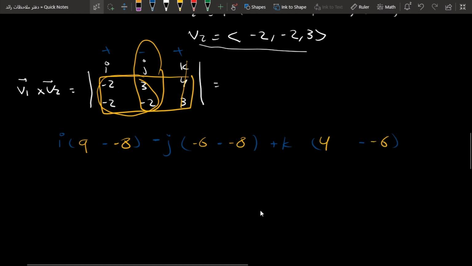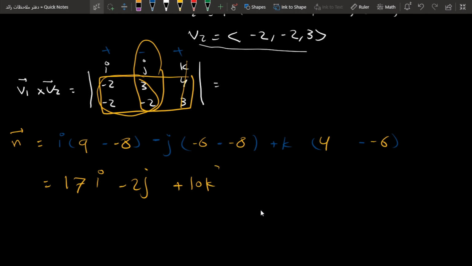By simplifying this one, v1 cross v2, I will call it the normal vector to the plane. يلا شباب 9 + 8 is 17 i, negative -6 - 8, so the j component is -2 j, and plus 10 k. So we will get the normal vector.